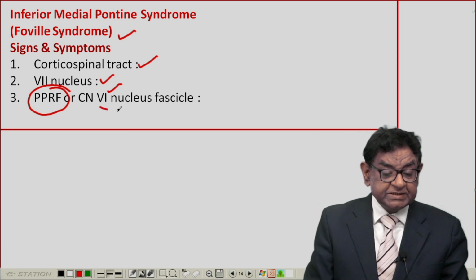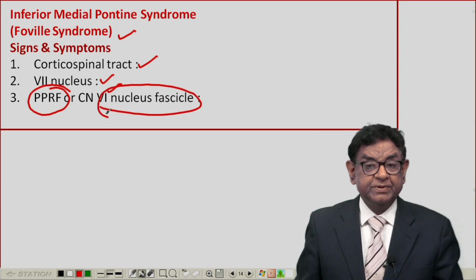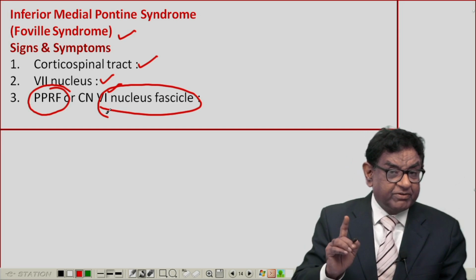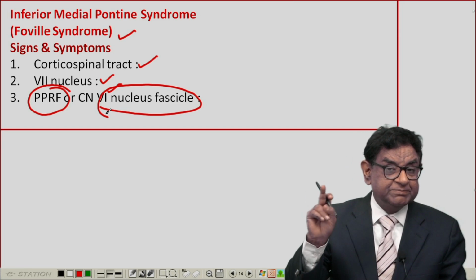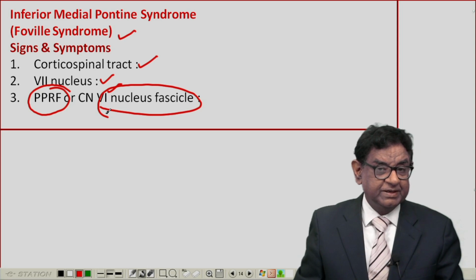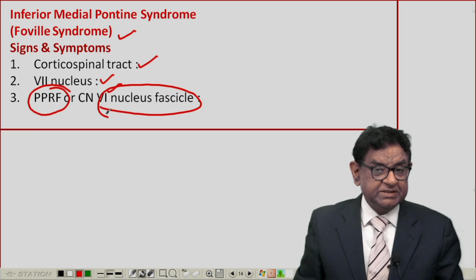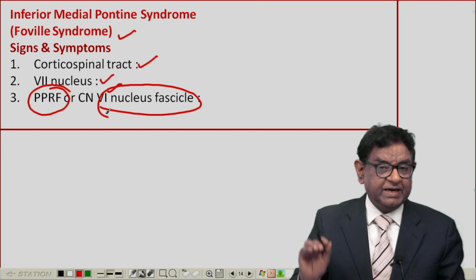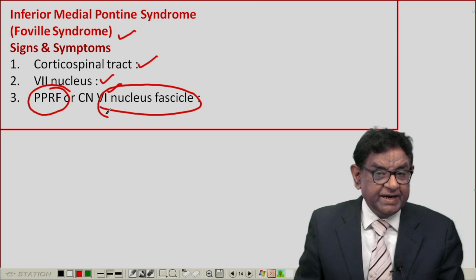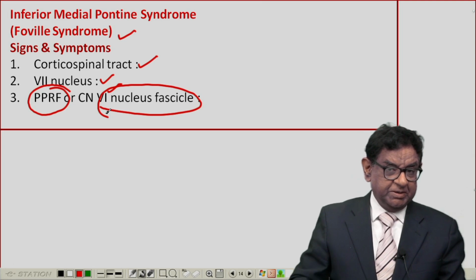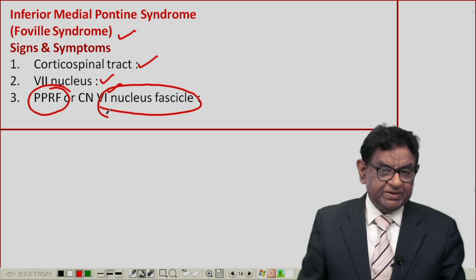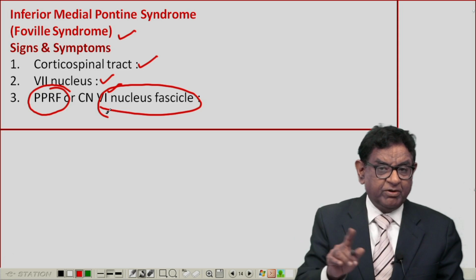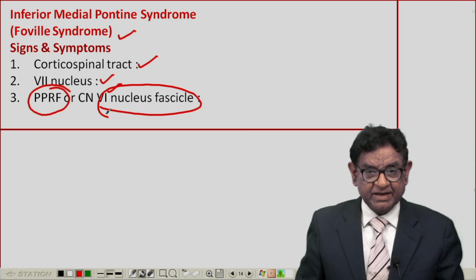Remember, when only the sixth nerve was involved, that means there was a gaze palsy on one side. Suppose the right sixth nerve is involved, the patient cannot look to the right side because of right sixth nerve palsy. But if PPRF is also involved, then there will be impairment of entire lateral gaze.